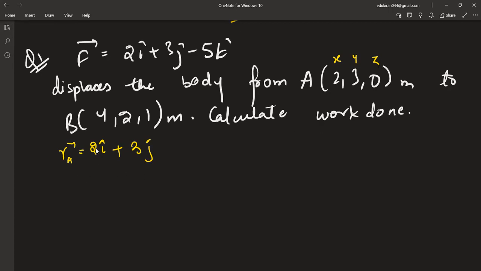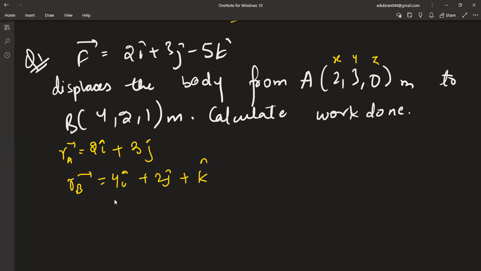So RA, instead of giving in this Cartesian form, it is given in the form of coordinates 2 comma 3 comma 0. Next, we have this final point. So RA, this is from A to B. So A becomes your initial point and B becomes your final point. So RB, this is again 4i cap plus 2j cap plus 1k cap, which I can directly write as k cap.